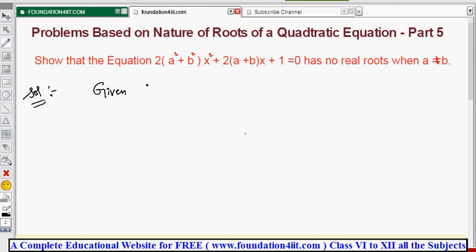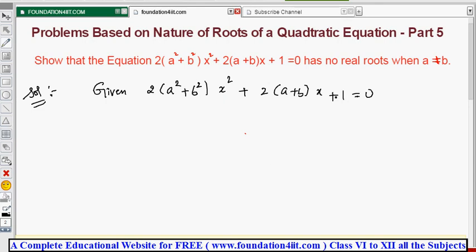the given equation is 2(a² + b²)x² plus 2(a + b)x plus 1 is equal to 0. So the x² coefficient is 2(a² + b²), the x coefficient is 2(a + b), and the constant is 1.